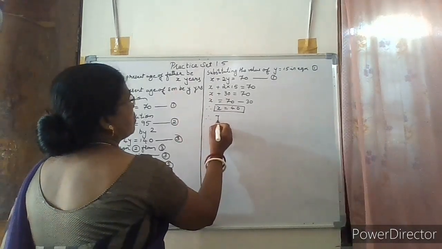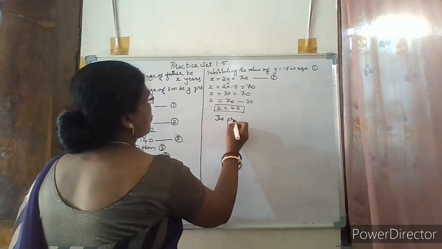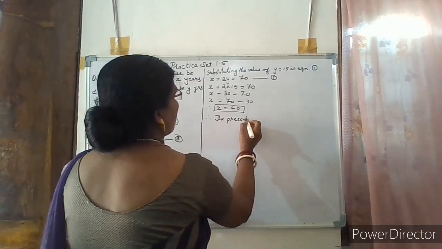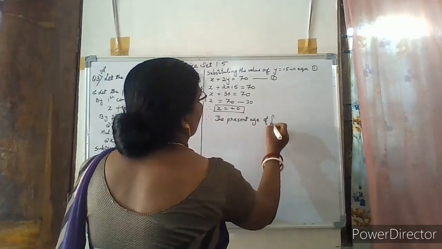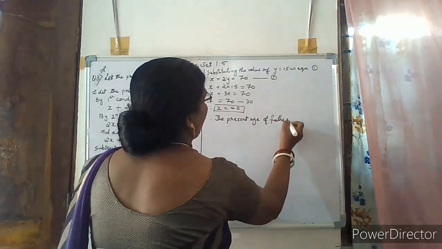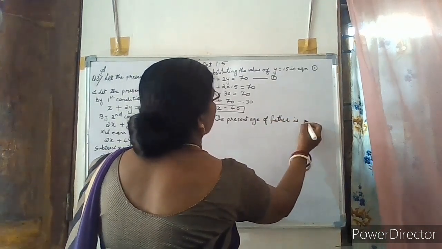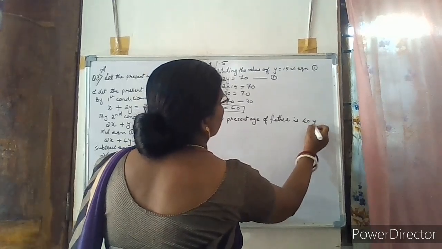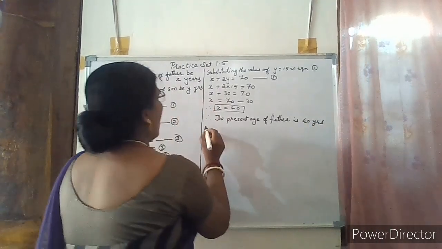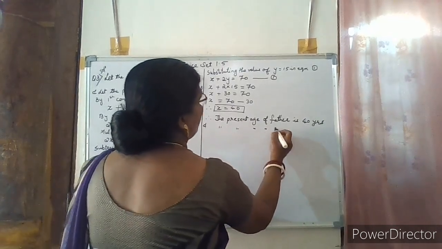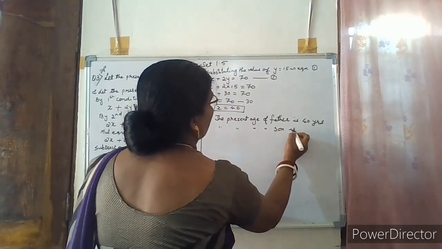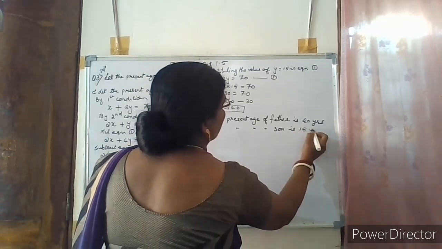Therefore, the present age of father is 40 years and the present age of son is 15 years.